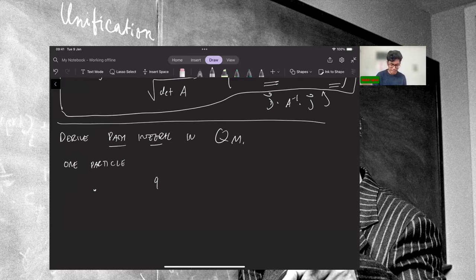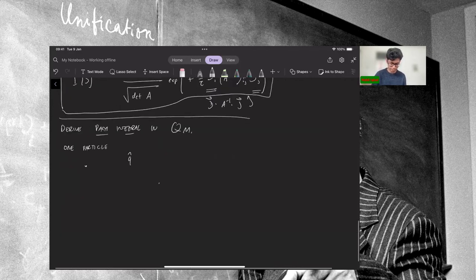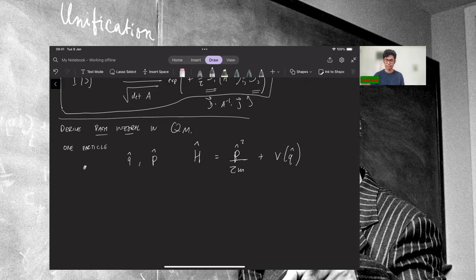And it has a position operator and a momentum operator. I'm going to call them Q and P. Q is the position, P is the momentum. And I'm going to give this guy a Hamiltonian. The Hamiltonian will just be the normal sort of Hamiltonian that you know and love: P squared divided by 2m plus V of Q. Okay. So this is some sort of potential.